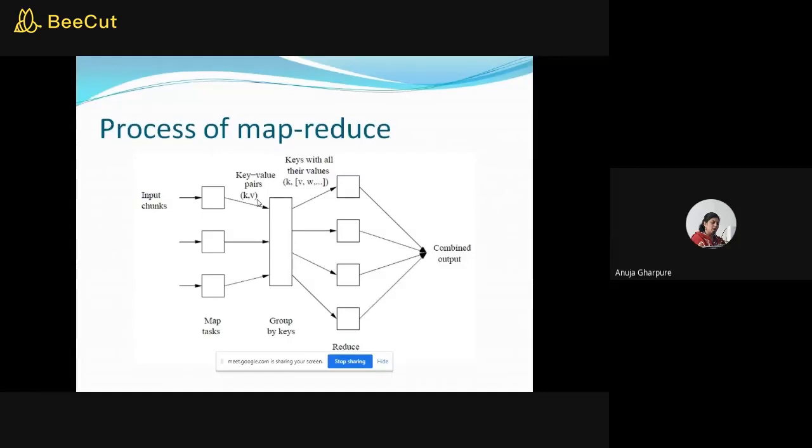Now the second file will be taken by the map task and it will again try to find out the key value pairs. So suppose that file contains a statement, I am in M.Sc class. Okay, so I is a key, value will be 1. So this is one key value pair formed by this second map task, and it will be given to the group by keys, to the master controller.